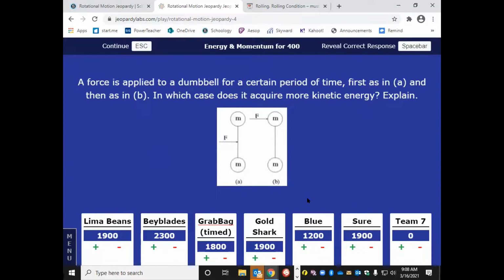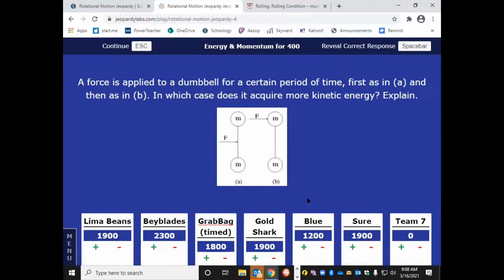Okay. So here's a dumbbell in outer space. There's no friction or anything. A force is applied to a dumbbell for a certain period of time, first as in A, where it's pushed at the center, and then as in B, where it's pushed from the top. In which case does it acquire more kinetic energy?